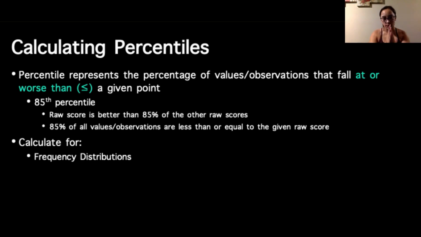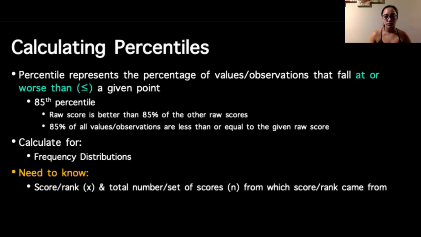I usually merge them together because they're very similar. And we've also worked with grouped frequency distributions, where we create levels of intervals that are separated by a standard interval size. So we'll look at how we can calculate percentiles for both of those types of frequency distributions.